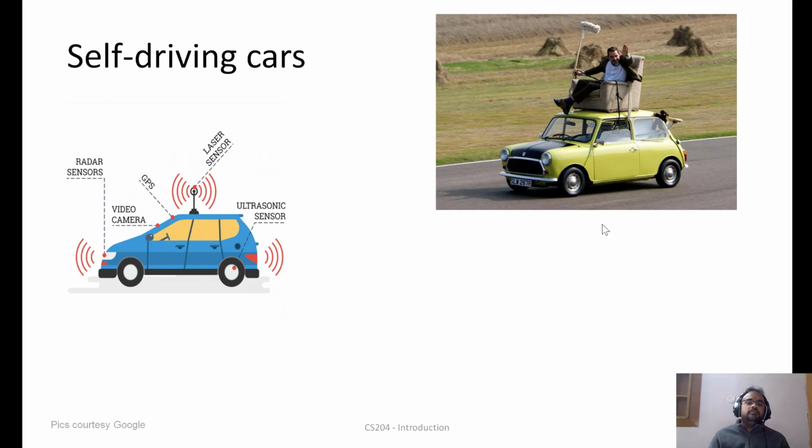Even if he himself is doing that, what happens if he presses the brake suddenly? Where is the safety aspect? That is one of the very important design goals for self-driving cars.